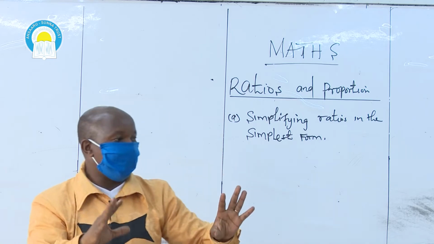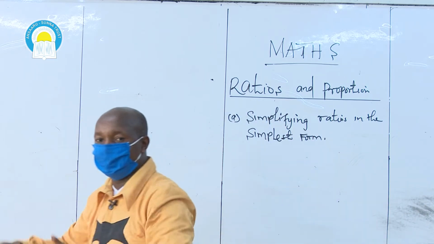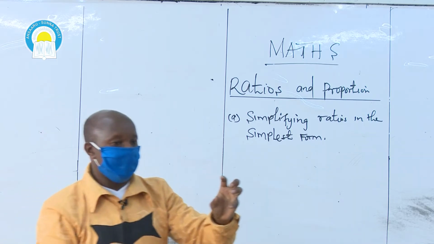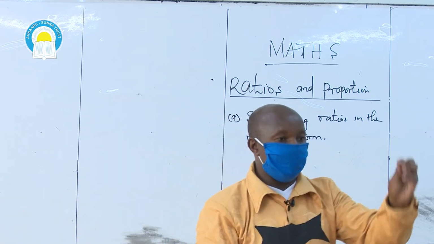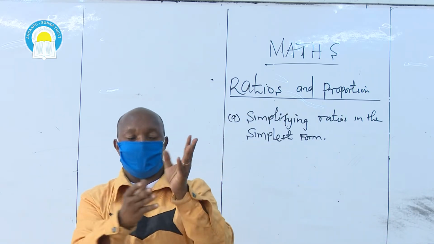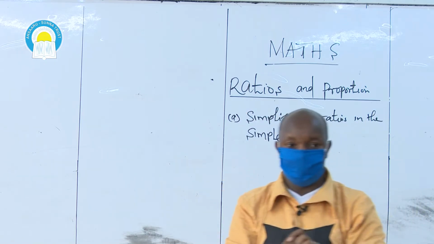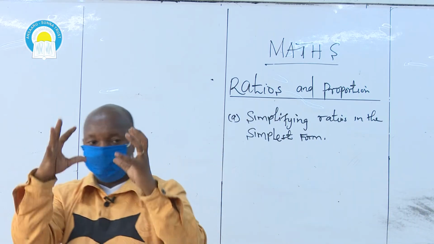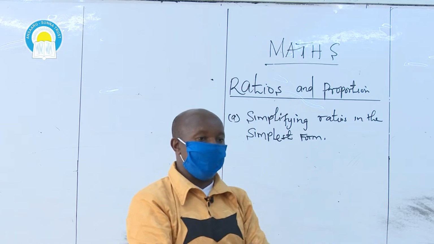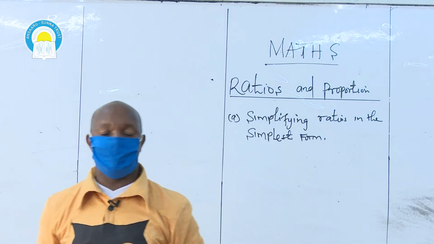Every now and then, as you move outside, as you are sent to buy something outside, make sure always you are in your mask. And again, make sure you also sanitize your hands. You wash your hands always with plenty of water. Otherwise, stay safe, be safe, just like your mathematics teacher.